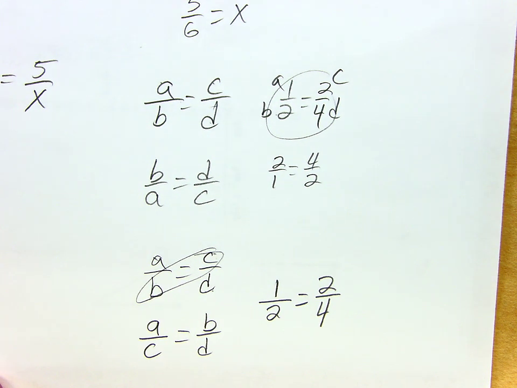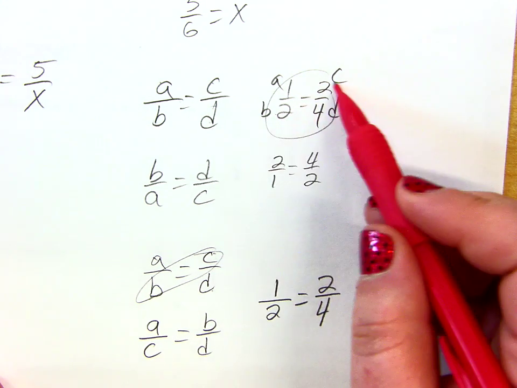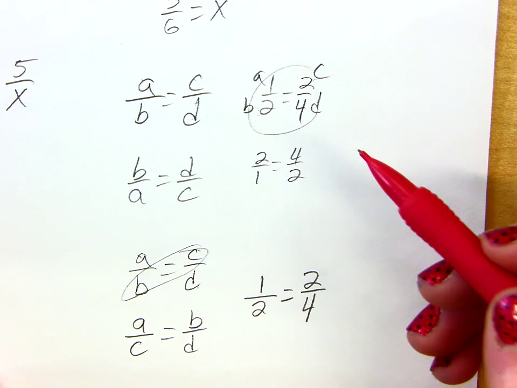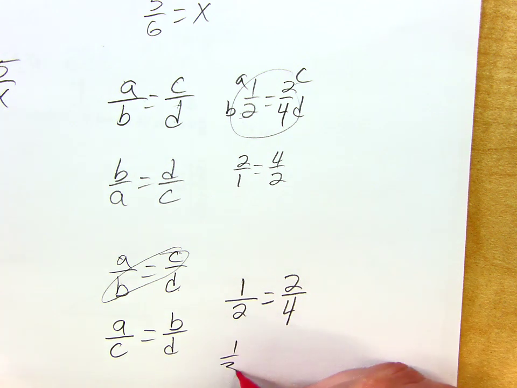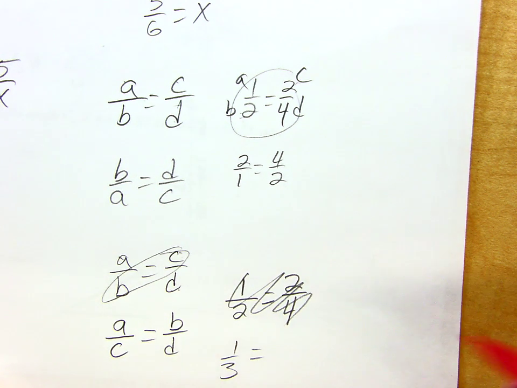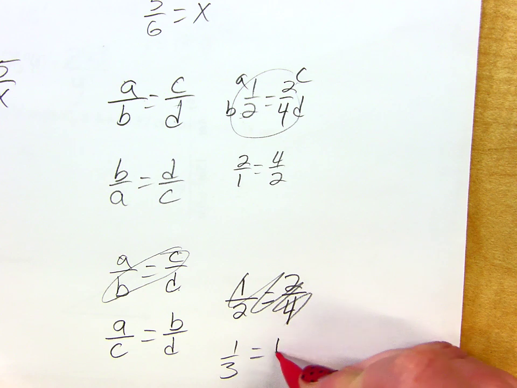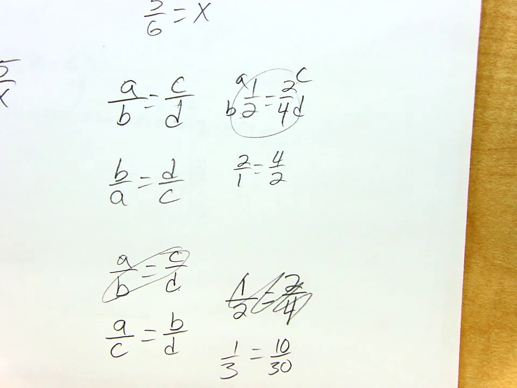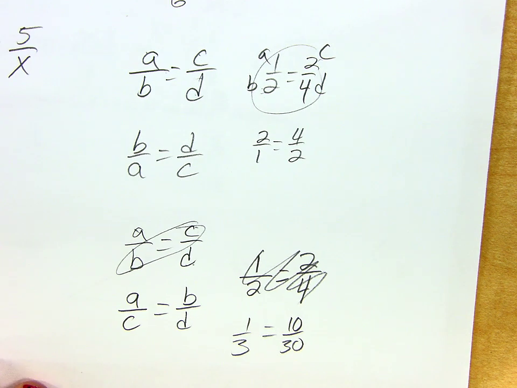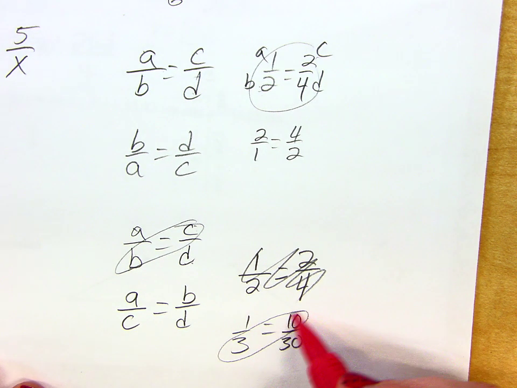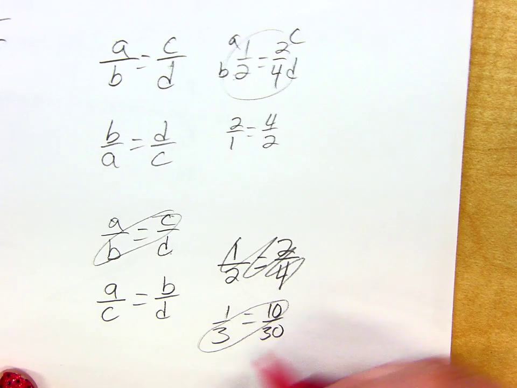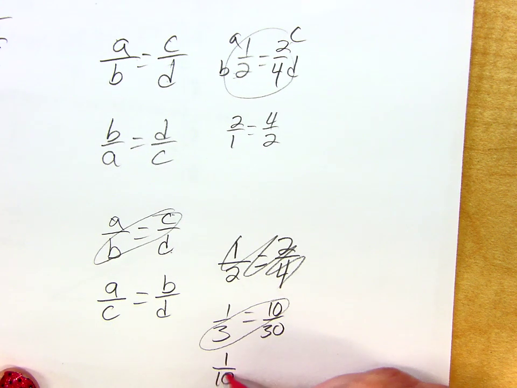Well, Miss Sabia, that only worked because they're both 2s, so it's not going to work again. Okay, well, let's try a different fraction. What if you did like 1/3 being equal to, I don't know, 10 over 30? Right? That's a true proportion, right? 1/3 is equal to 10 over 30. If I swap one diagonal, now I'm saying 1 over 10 is equal to 3 over 30?